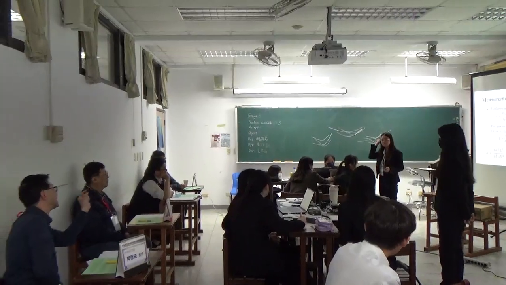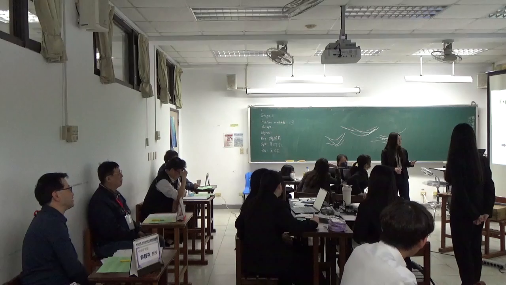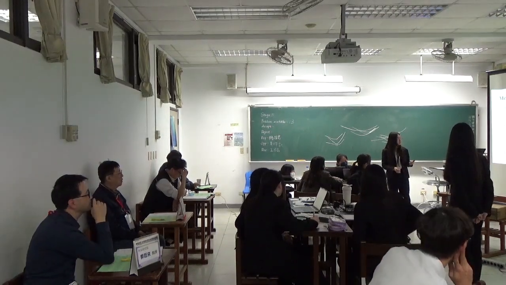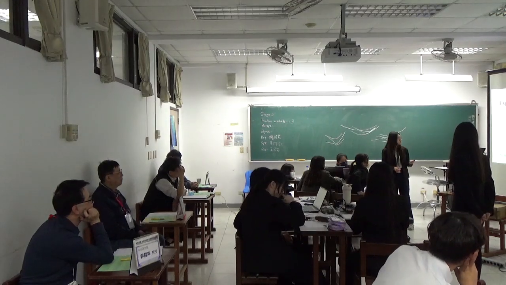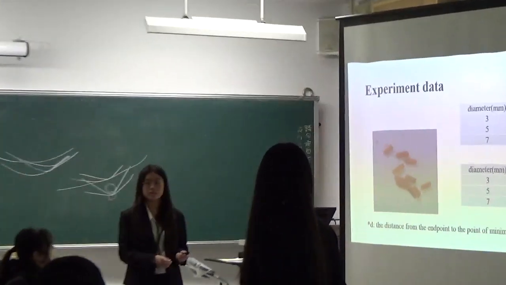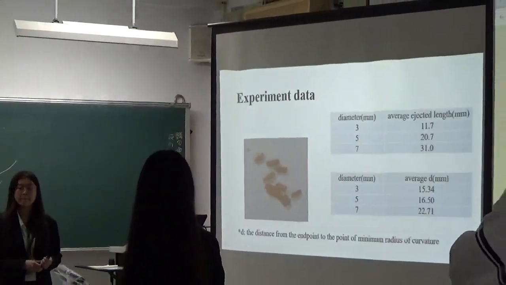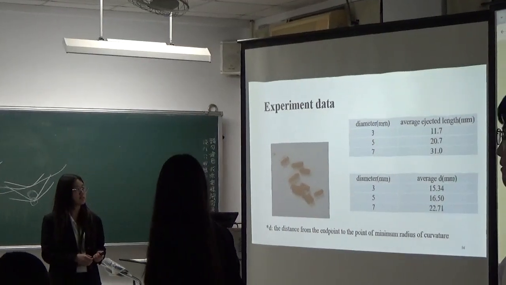My question is the size of the debris. Are they more or less the same, or how different is the debris? You have a photo of the debris. Oh, they are different. No, these are the diameter of the spaghetti, right? Yes. I mean the length.